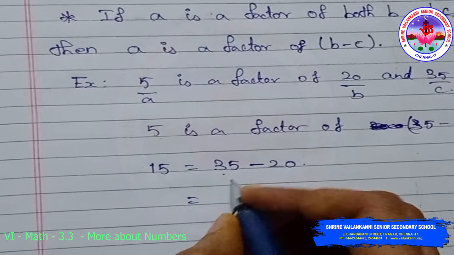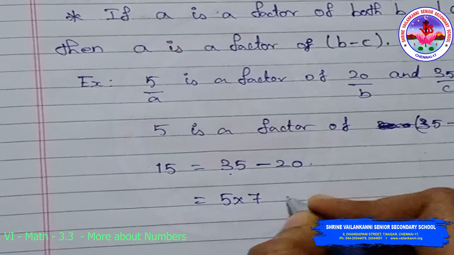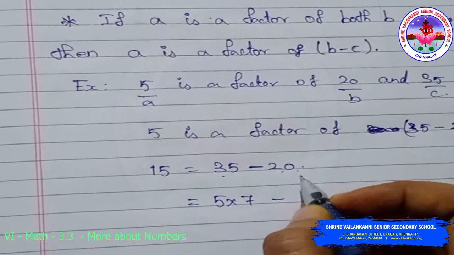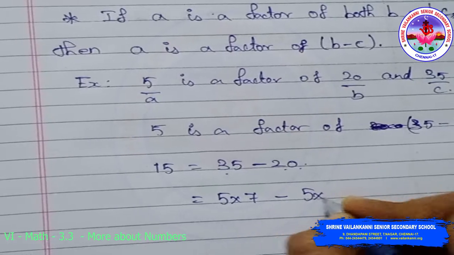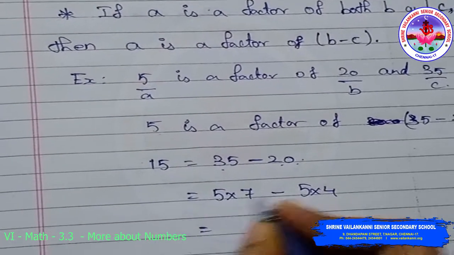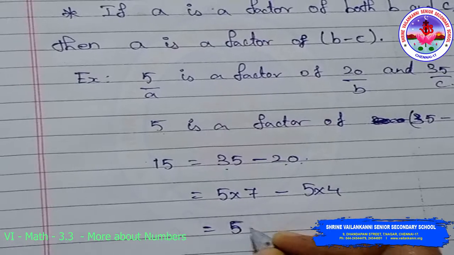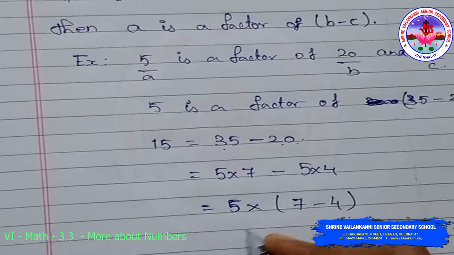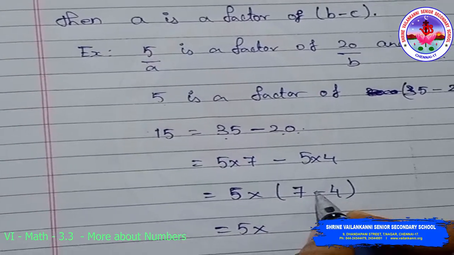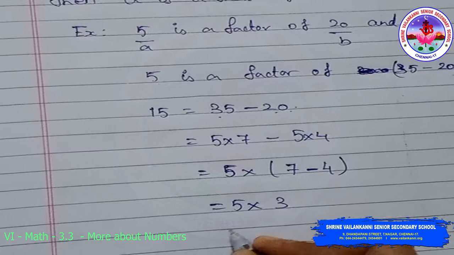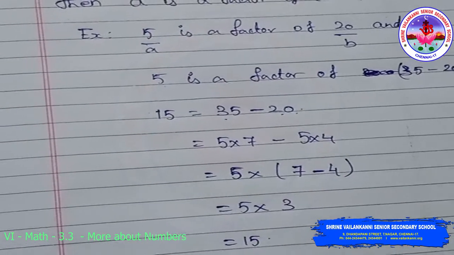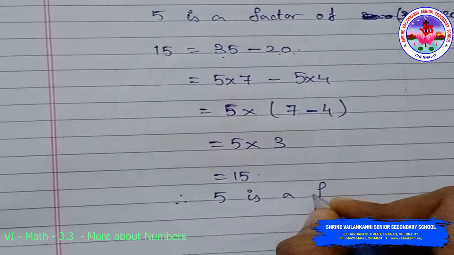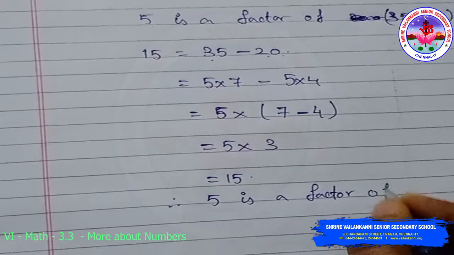This is 7 times, so 5 into 7. Minus 20, the factor is 5, divided 20 by 5, that is 4 times, 5 into 4. Using the distributive property, the common value is 5, taking out 5 into 7 minus 4. 7 minus 4 is 3, so 5 into 3 is 15. Therefore, 5 is a factor of 15.